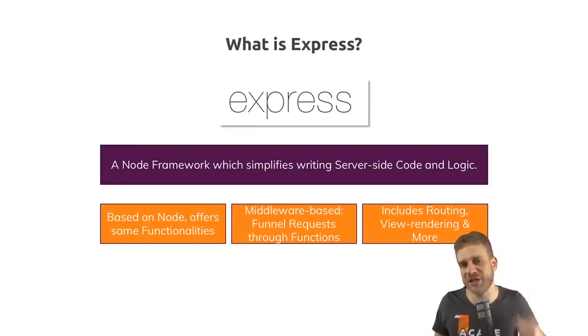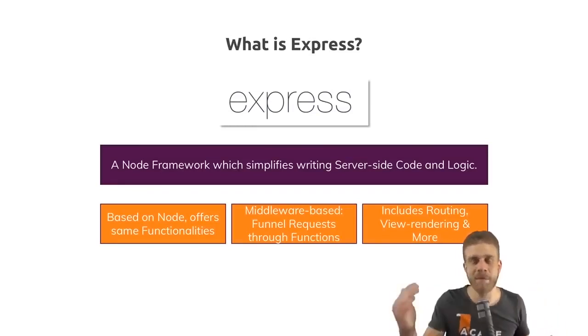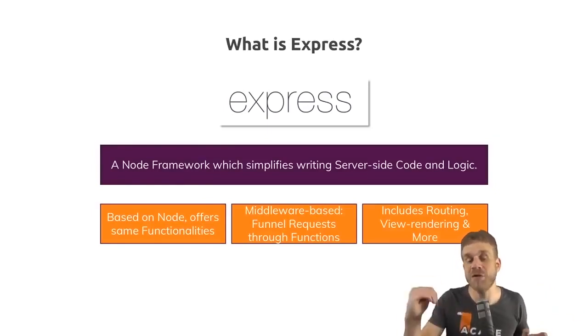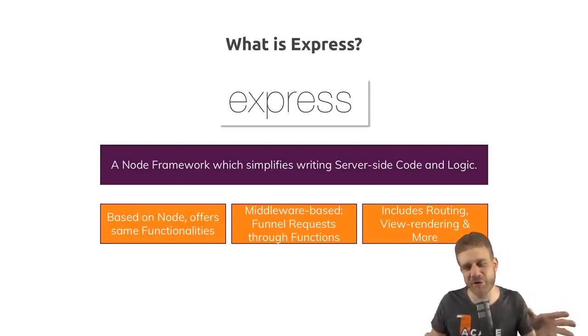Because if we want to fetch a list of posts, we want to send some requests to /posts, so our domain /posts. If we want to create a new post, we want to send a different request to our domain /post, for example. And Express.js allows us to implement this routing logic so that different requests to different URLs are handled correctly. Again, this will all be implemented step by step throughout the course.